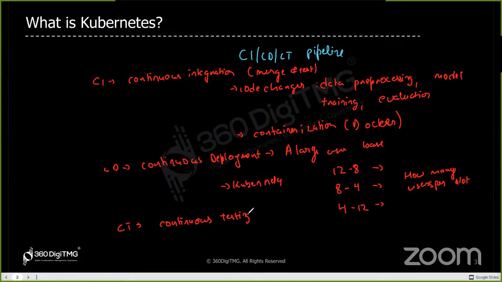Okay. Then we have model training and validation. Okay. So models are going to be trained and validated based on the latest data and code changes. Okay. Then we have staging of deployment. Okay. So validated models will work in staging environment for further testing and validation. Then we will have continuous testing come into the picture.